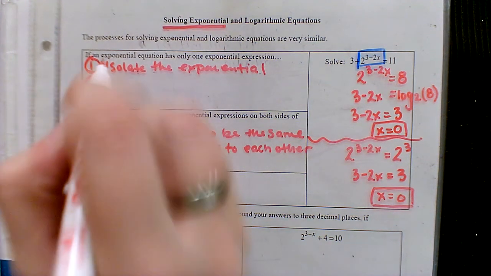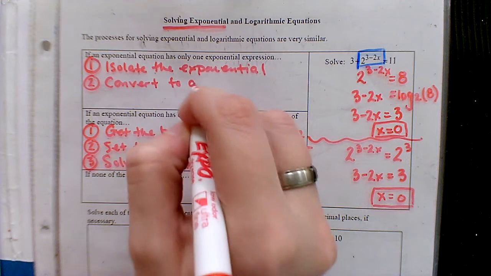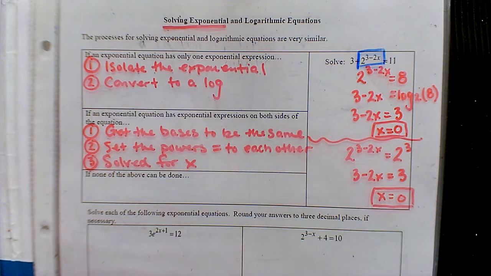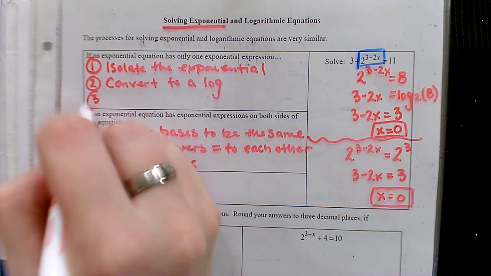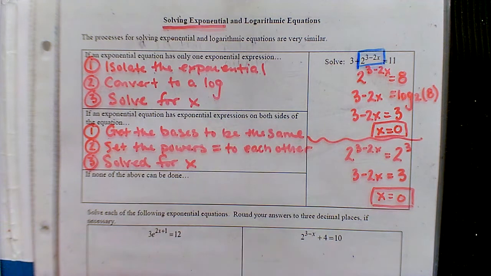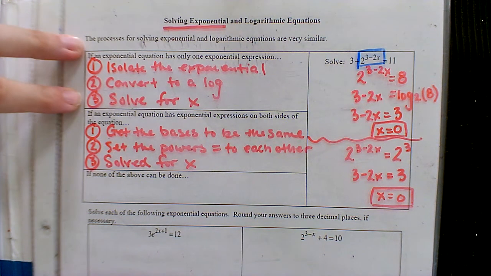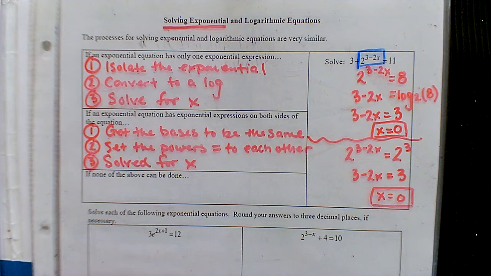Once we isolate the exponential, we're going to convert it to a log. That means moving the base to the other side. And once we move the base, we can solve for x. We're going to spend the majority of our day doing that first block, using logs to help us solve exponential equations.